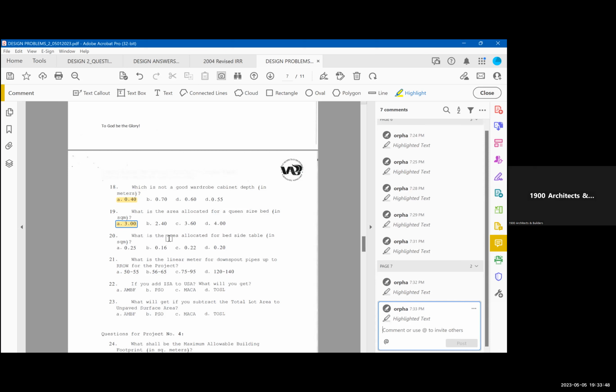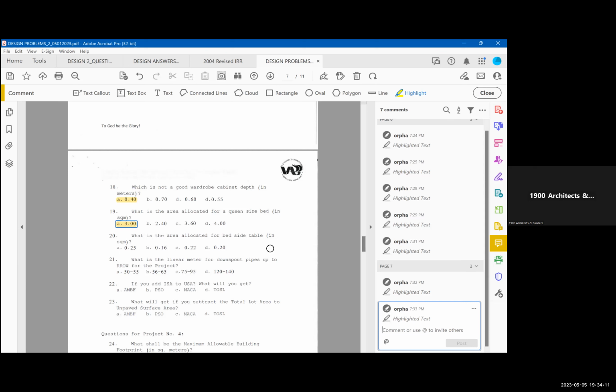So, number 20, what is the area allocated for bedside table? Bedside table naman daw. What is the best? Ano ba ang probable size ng bedside table? It's at least 500 by 500.